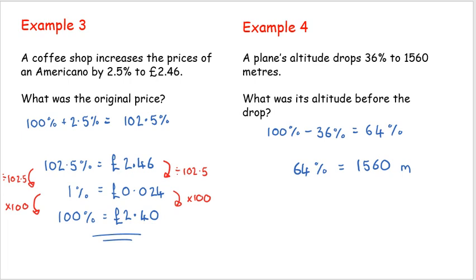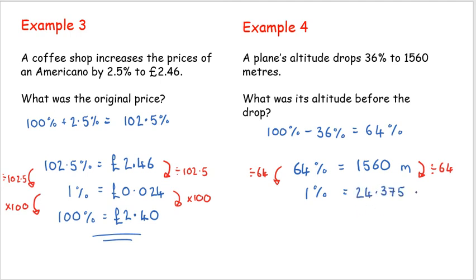And from here, once you get this equation set up, the rest is just the same. So we're just going to divide by whatever this number is. So divide by 64, and then we'll re-multiply it by 100 once we get that. So therefore we're left with 1% is equal to 1,560 divided by 64, which is 24.375.